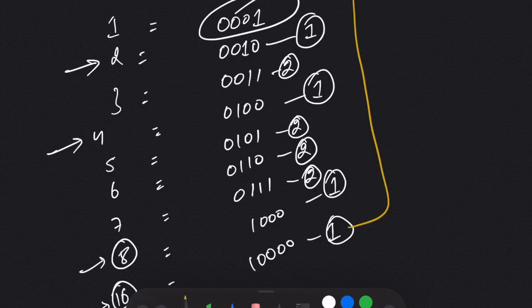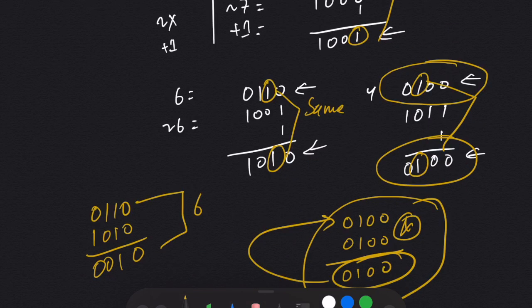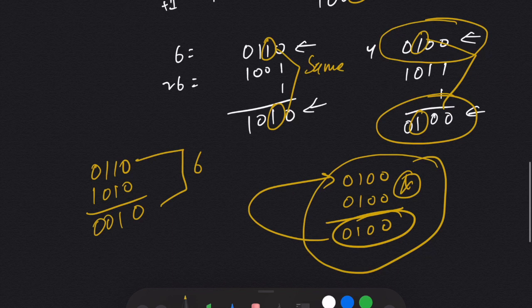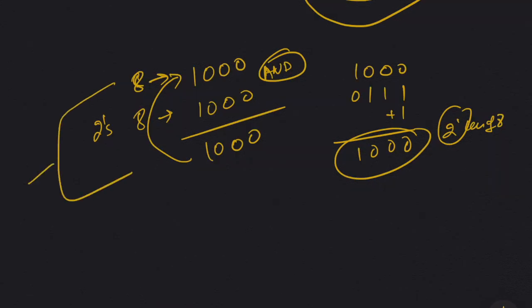So the first thing we found here is that a number which is a power of 2 contains only a single one, and the other thing we found is the AND between the number and the 2's complement of that number will be equal to the number in case the number is a power of 2.